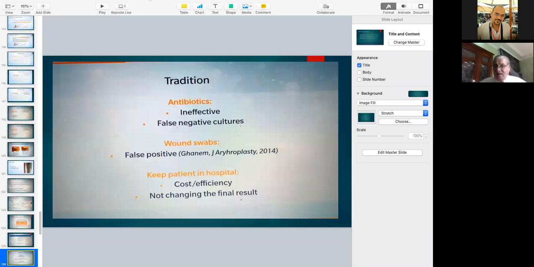As I said, in our tradition, antibiotic is ineffective and there is false negative. Wound swab gives false positive. And keeping the patient in the hospital without any maneuver, which I mean action, pharmacological, mechanical, and also not changing the dressing, does not achieve your aim to manage the drainage.